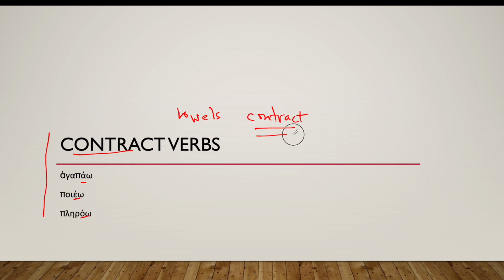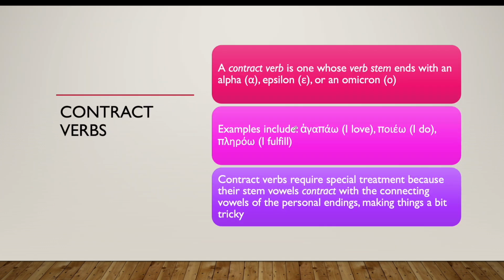That's why they're called contract verbs. Now they aren't any different in meaning from regular omega verbs. What makes them different are these contract vowels, which create different combinations at the end when you put on the endings, and therefore we need special attention paid to them.